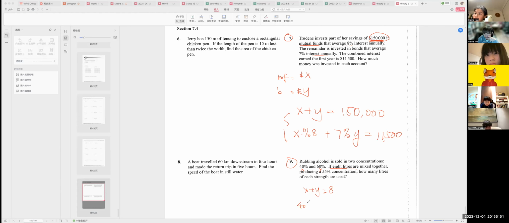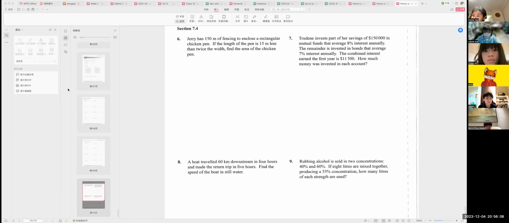So it's 40% of x plus 60% of y equals 55% times 8. Get it, everybody? With this equation, you can find out exactly how much of each.